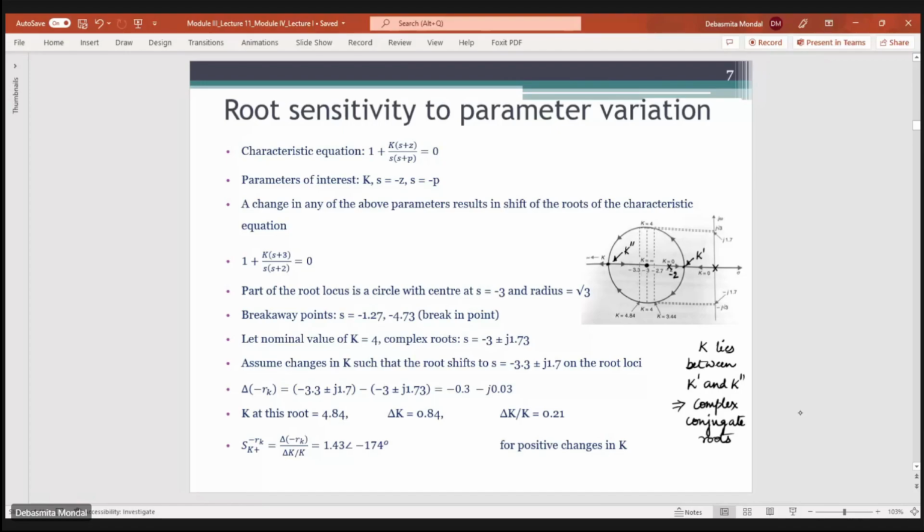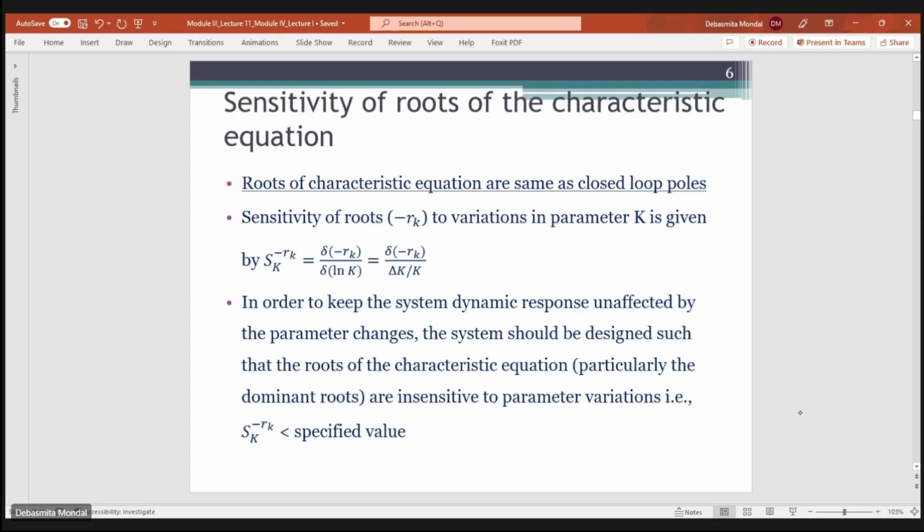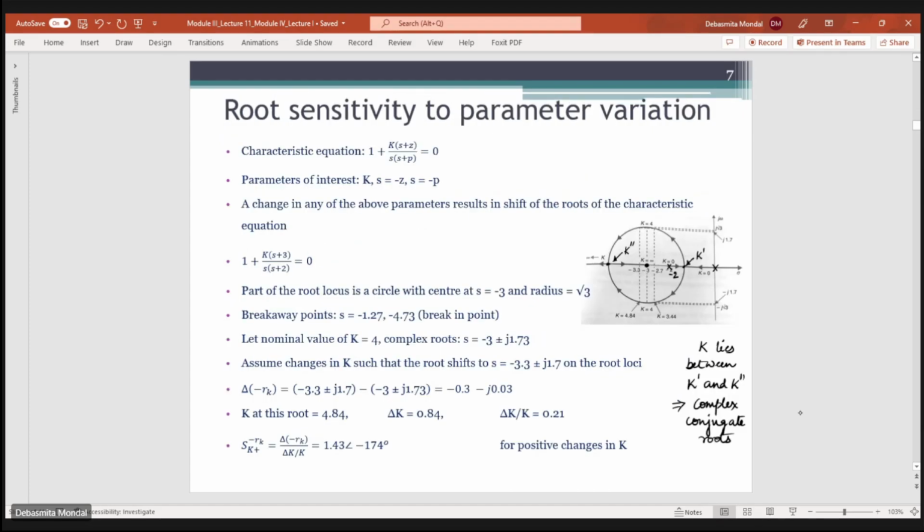Once the root has shifted, if you remember the sensitivity equation, it is the difference between the previous root and the new root, divided by the variation in the gain. From here you can find the value of delta of minus rk.